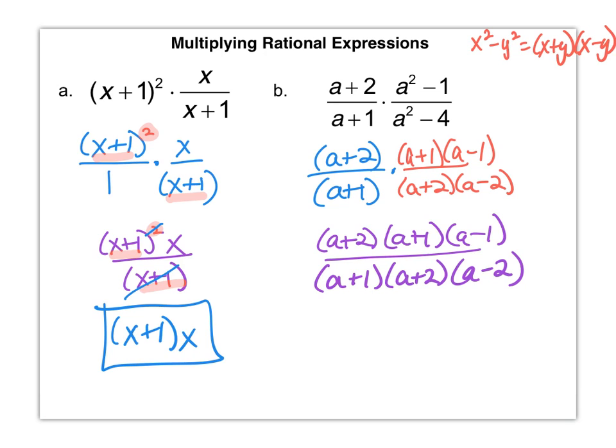We have an a plus 1 factor in the numerator that will divide out with an a plus 1 factor in the denominator. We have an a plus 2 factor in the numerator that will divide out with an a plus 2 factor in the denominator. So our result can be written as the remaining factors of a minus 1 in the numerator and a minus 2 in the denominator.